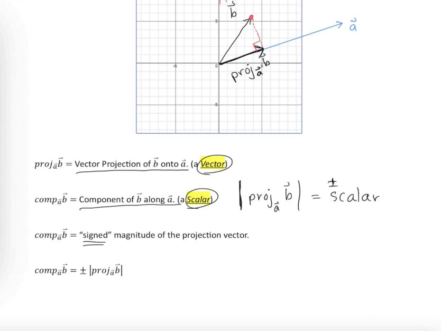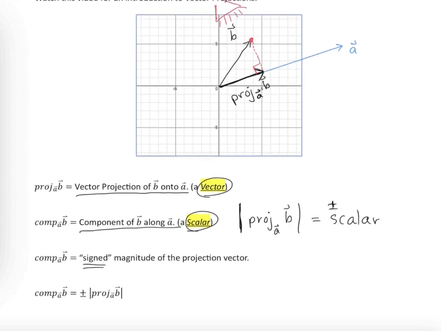If the angle in between the two vectors is less than 90 degrees, then we're going to have a component that is a positive value. Basically, the two vectors are heading in the same-ish direction. But if the angle in between the two vectors is greater than 90 degrees, then we're going to say we have a negative component.